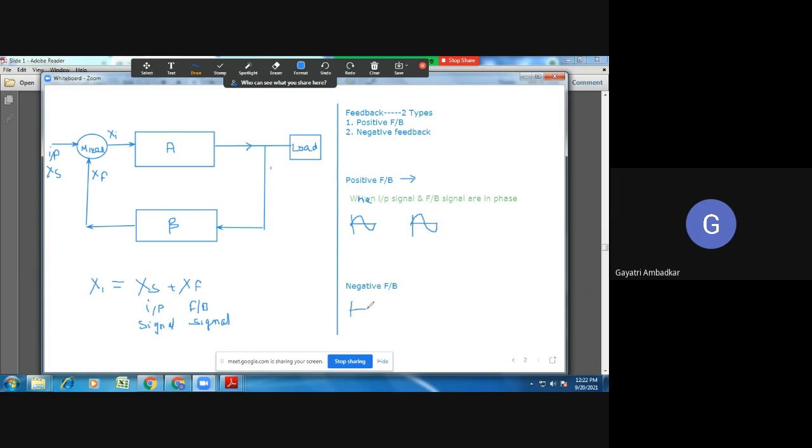If there is any phase difference, if this is the input signal and this is the feedback signal, and it is starting with some phase difference or having a phase shift, so if they are out of phase, then the feedback is called negative feedback.